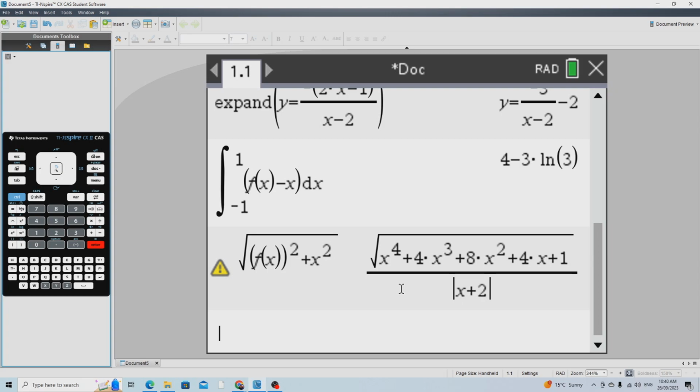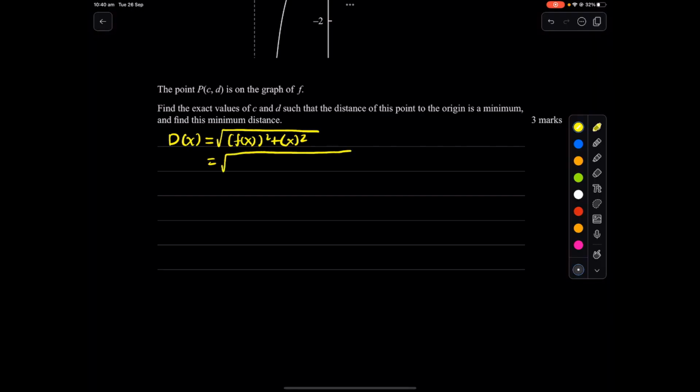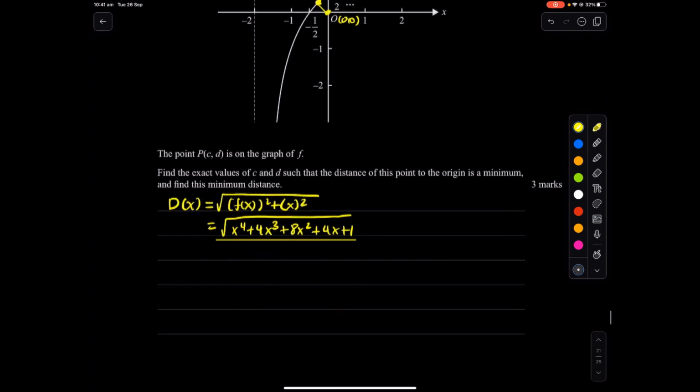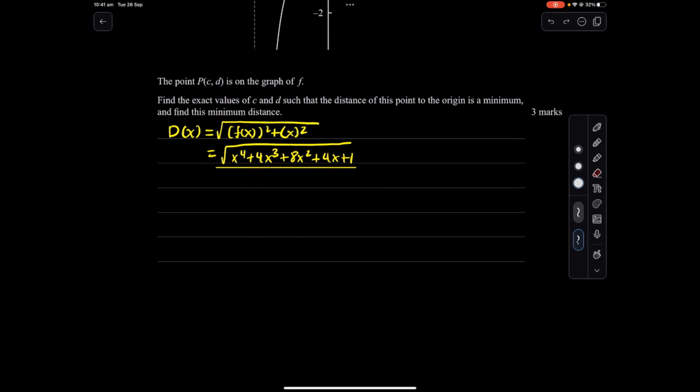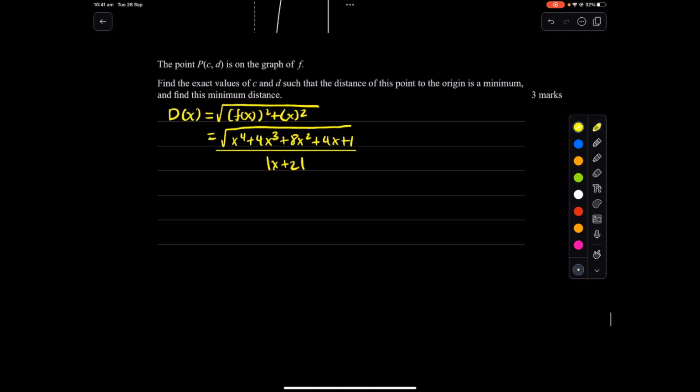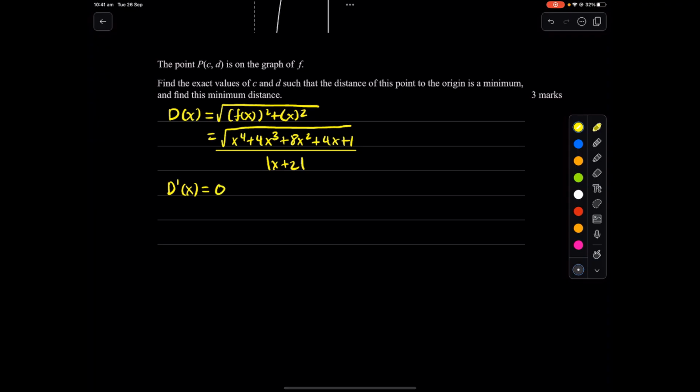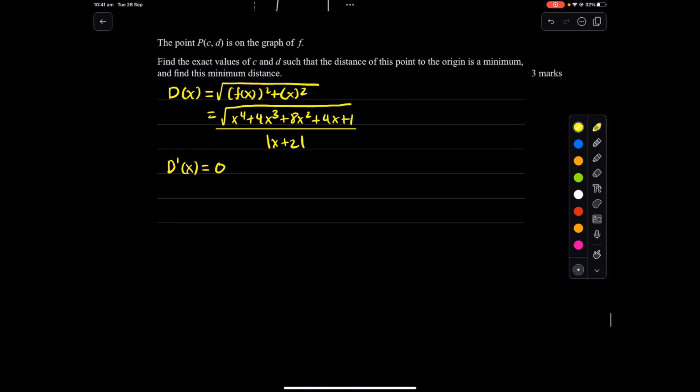Yeah, let's write that down. x to the 4 plus 4x cubed plus 8x squared plus 4x plus 1 all over x plus 2. So what's d dash of x? We just write d dash of x is equal to 0 to make our life easier, and then we can just solve it for minimum.